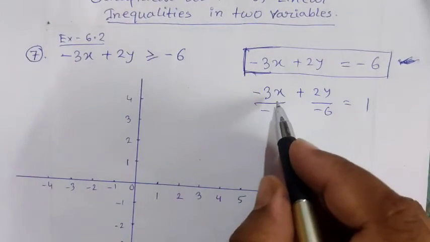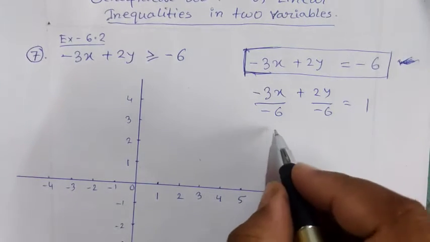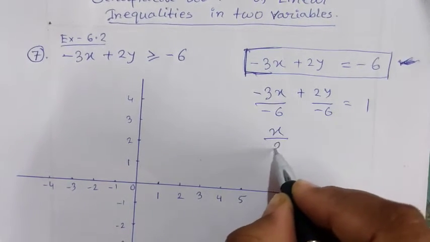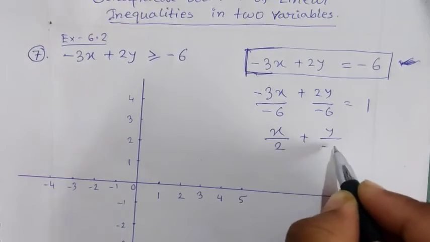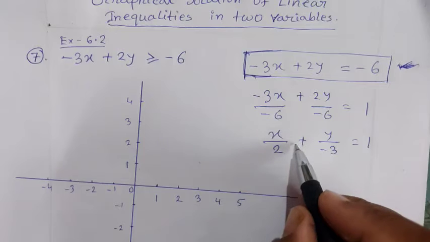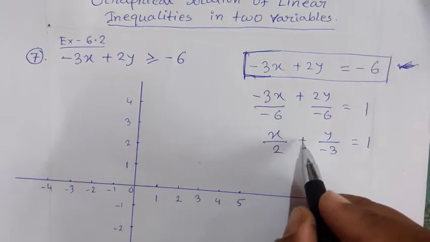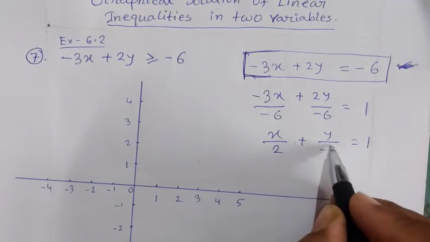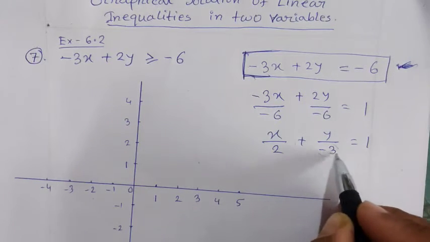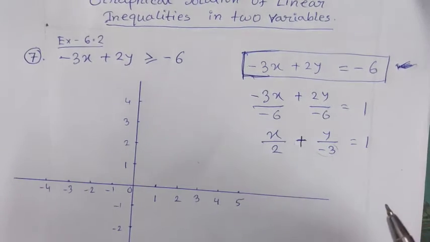Now we will take all the coefficients of x and y at the denominator. So x/2 + y/(-3) = 1 we will get, and obviously the sign between them should be positive. If it is negative, then we have to take the minus sign with the coefficient of y, but we have to keep the in-between sign as positive.